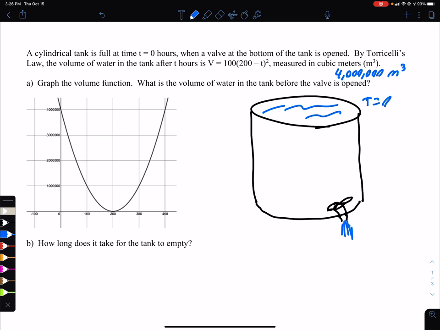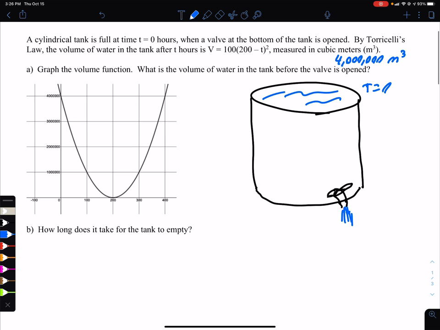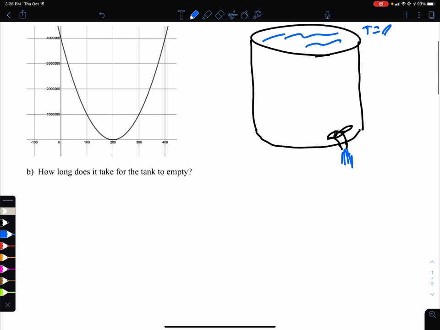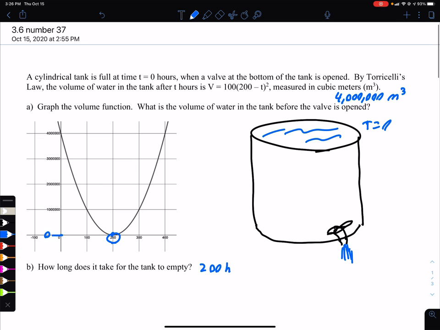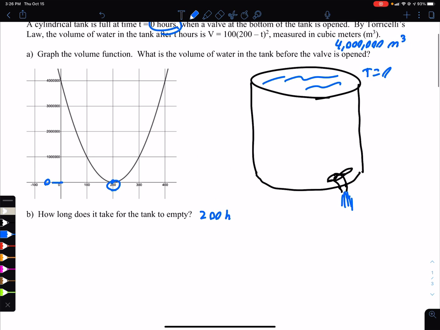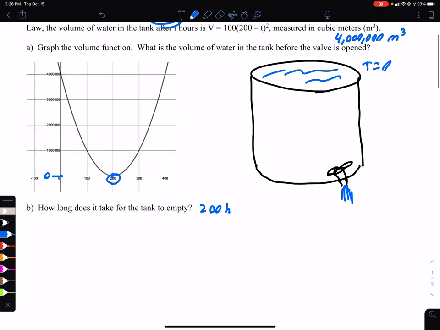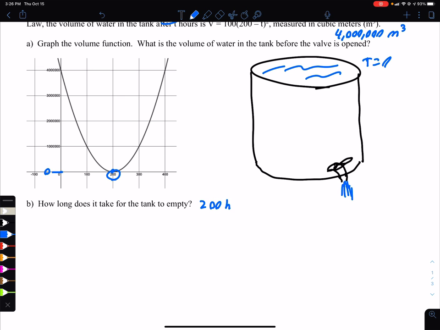That's a lot. And then, when is the tank empty? Part B. Well, when the volume is 0. 0 right there. So that's going to be at 200 hours. I probably didn't point out that we're told the units are hours. Forgot to mention that.